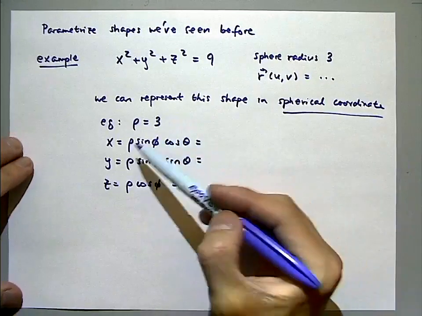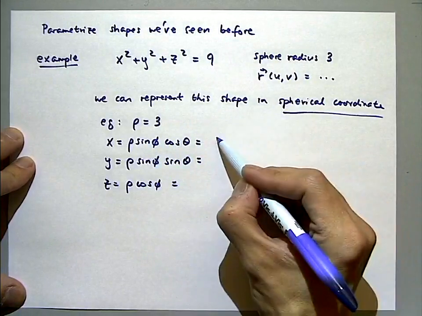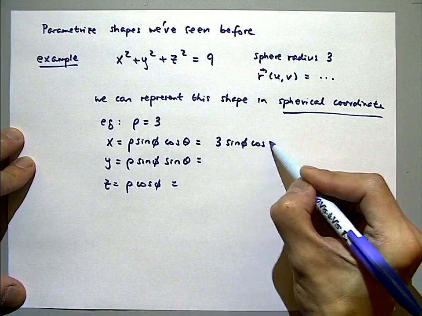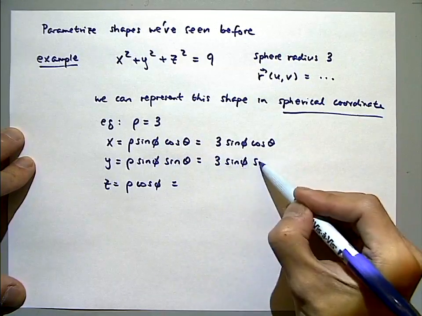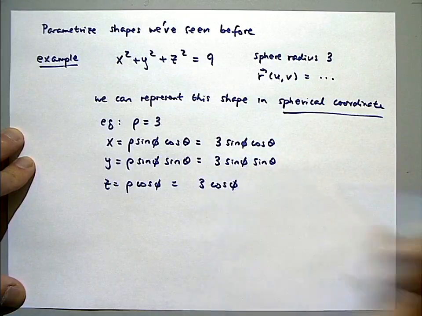Here, because we know rho is 3, this can be simplified a little bit: 3 sine phi cosine theta, 3 sine phi sine theta, and 3 cosine phi.